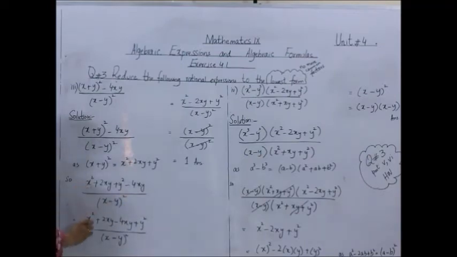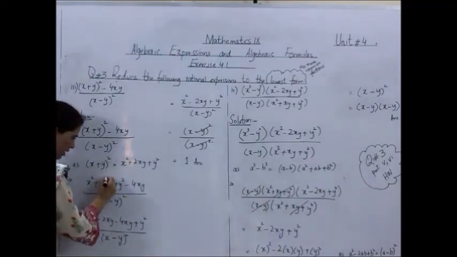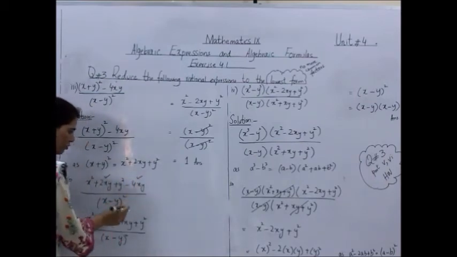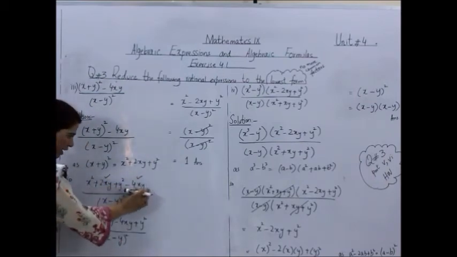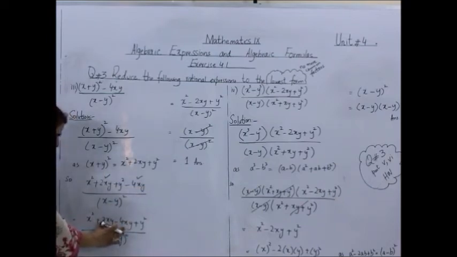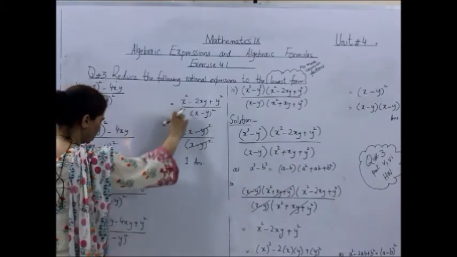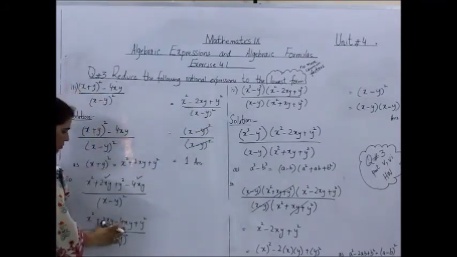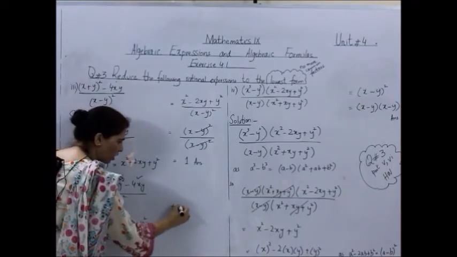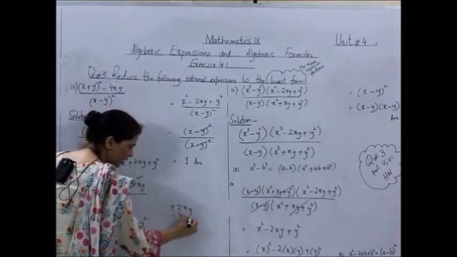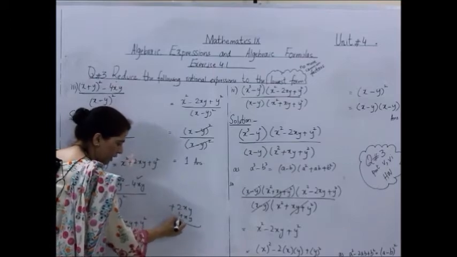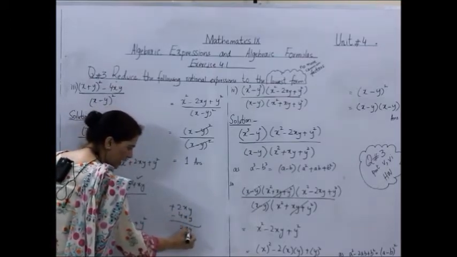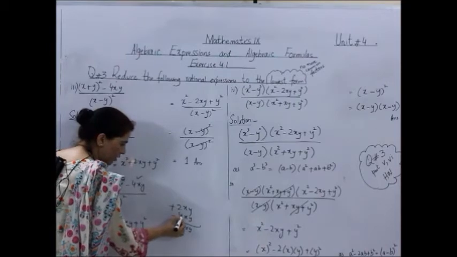Okay, x² now like terms. See, 2xy and −4xy, xy and xy are like terms. We will add or subtract them as +2xy and −4xy. It will become −2xy. x² − 2xy + y². These like terms will be solved, and you got +2xy and −4xy, and the sign will be of the greater number.